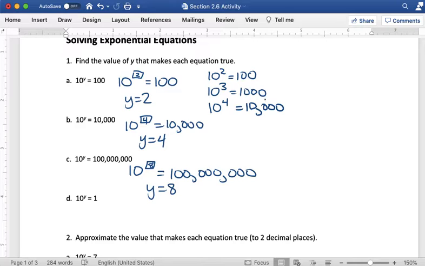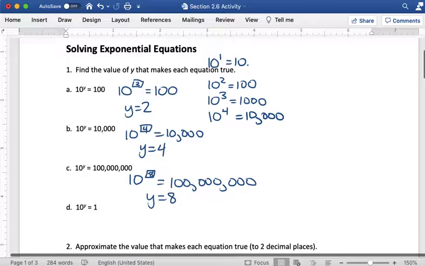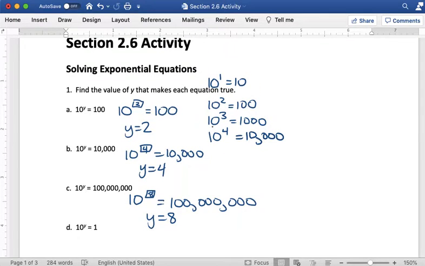Now I can work backwards on my chart. So if I have 10 squared equals 100, going down a power of 10, 10 to the first is 10. So if I'm dividing by 10, and then if I divide by 10 again, I get 10 to the 0 equals 1, because 10 divided by 10 is 1.